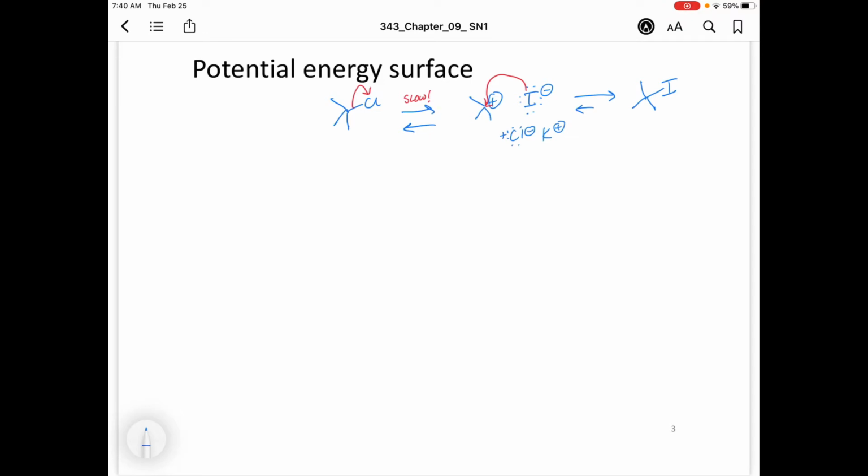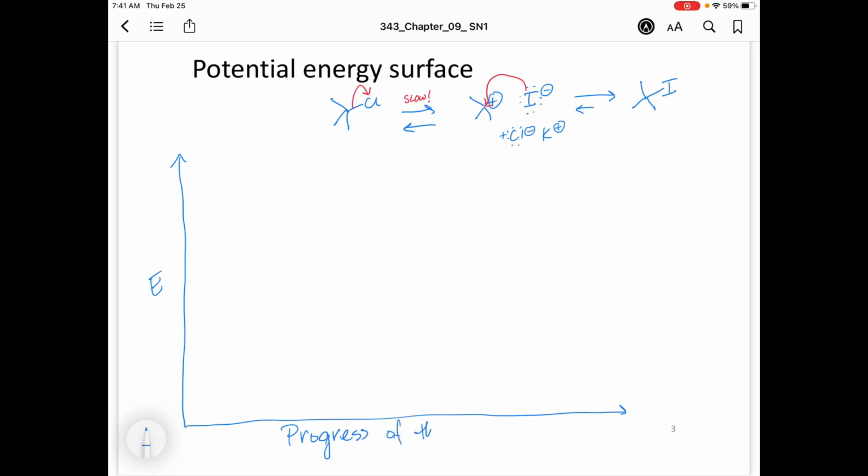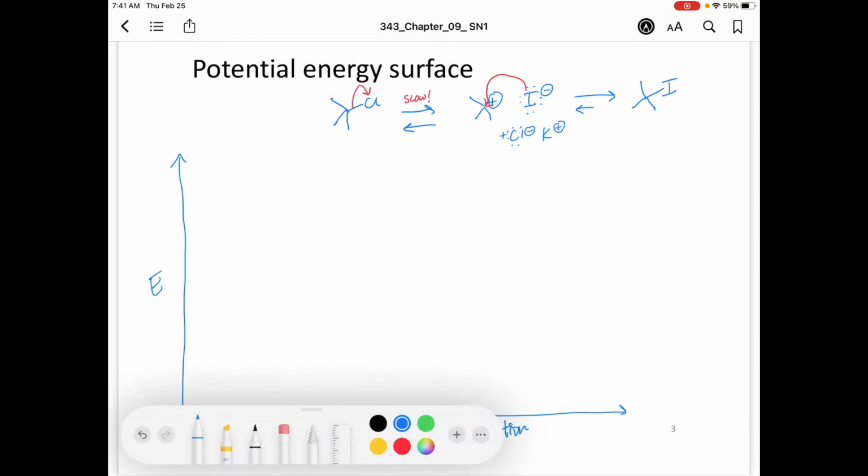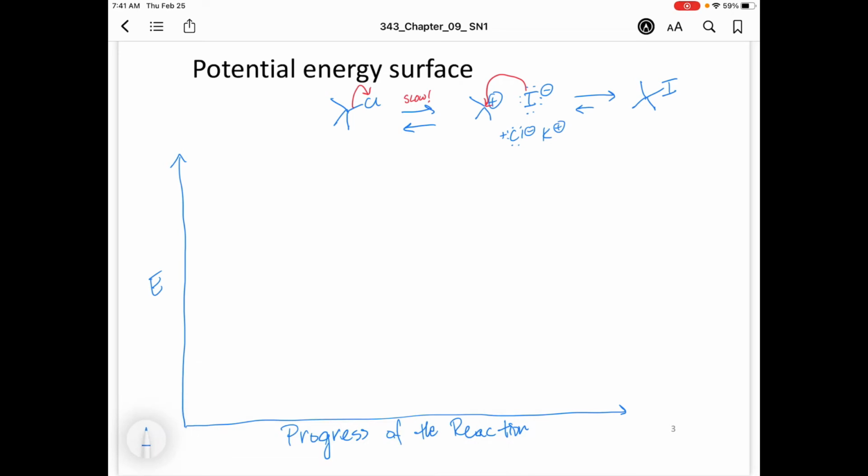Okay, let's go over the potential energy diagram here. So we're going to have energy on the left side, and the bottom of these graphs are always the progress of the reaction, or reaction progress. So we've talked about it being unimolecular. That means only one of these molecules is really in this rate determining step.